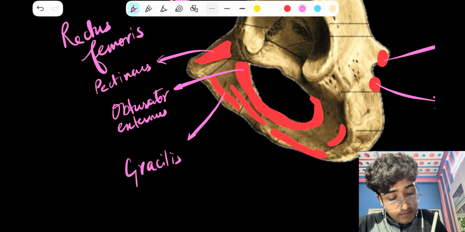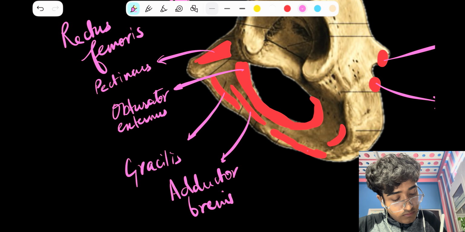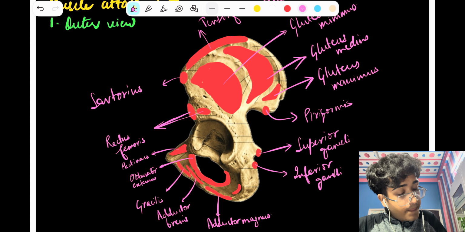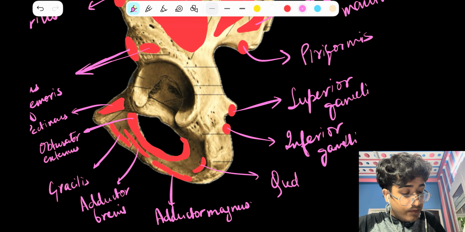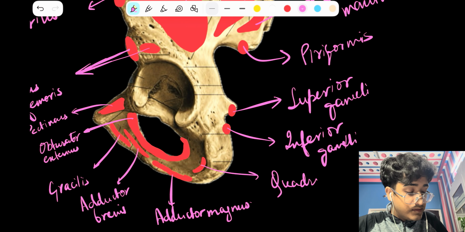Here for the gracilis, adductor brevis, adductor magnus, and here you get the attachments for the quadratus femoris.